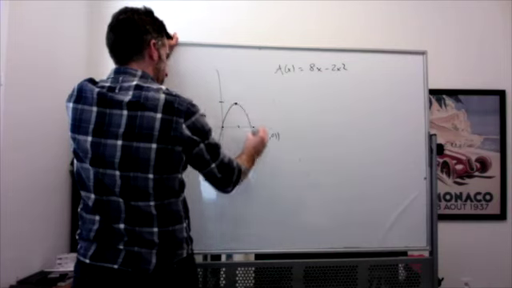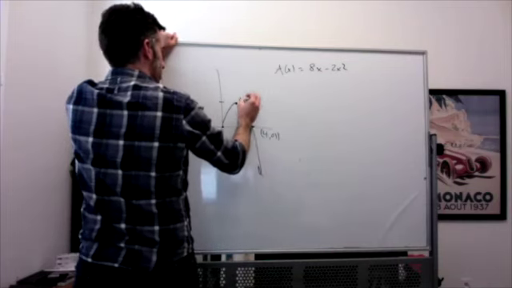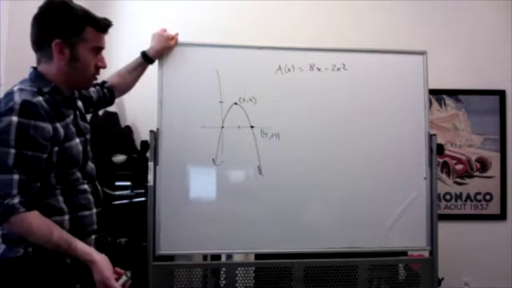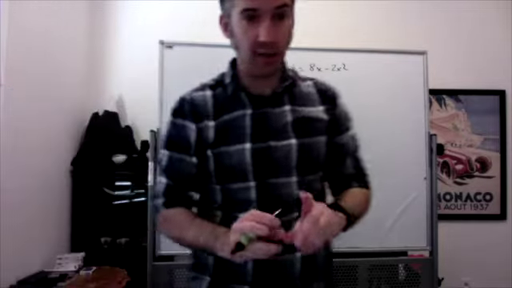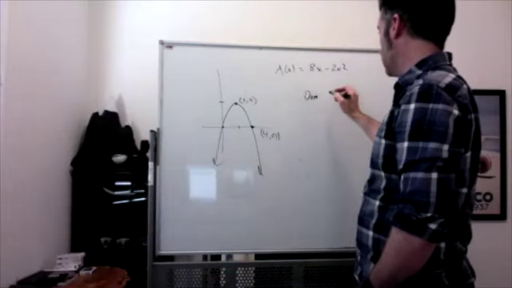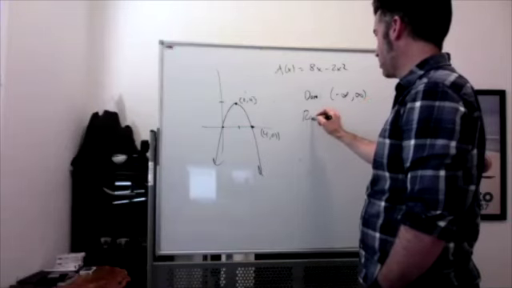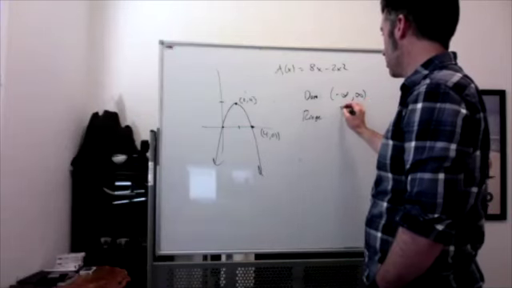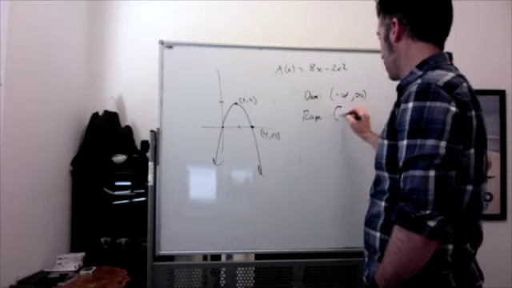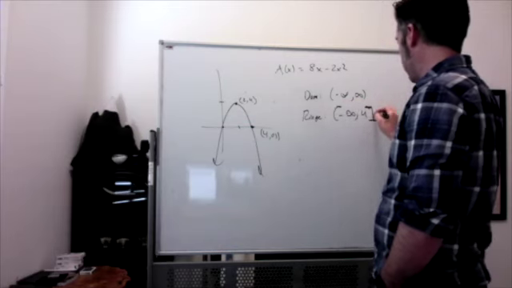So it looks like this. The regular domain would be everything. The regular range would be everything from negative infinity up to positive 4, with a bracket on the 4.